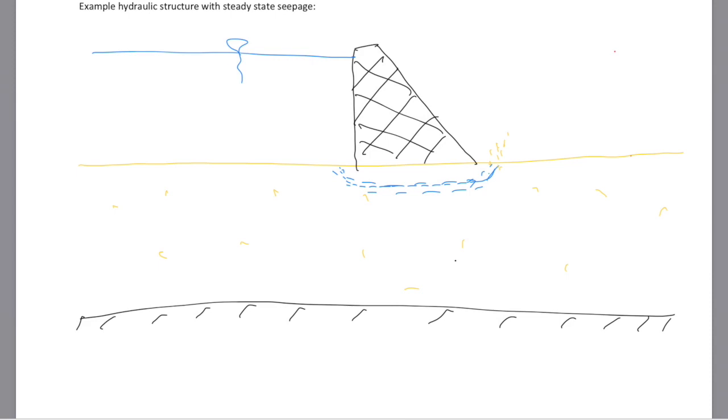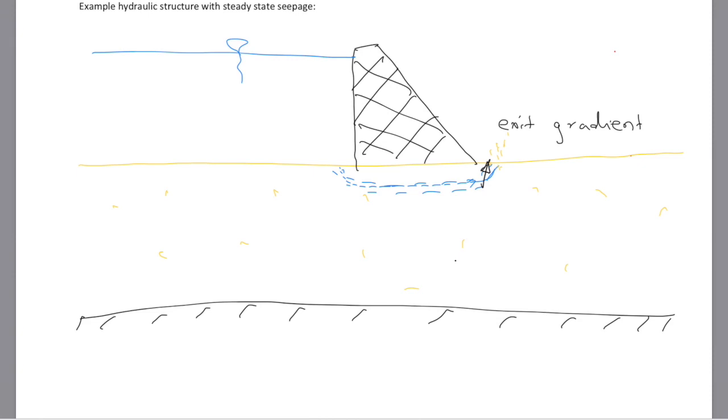So this gradient here that the water comes out with is called exit gradient, and usually one tries to maintain it below about 0.25 or 0.3.